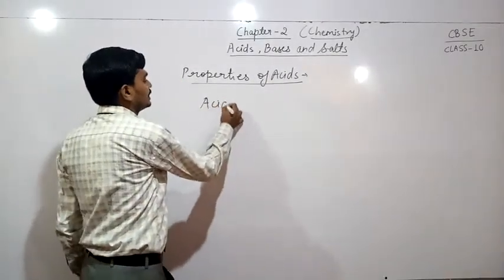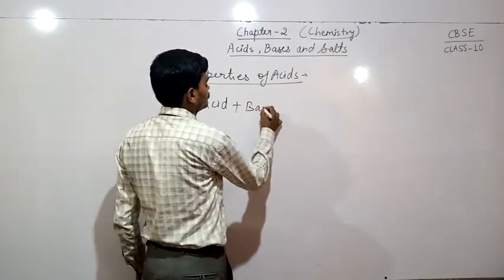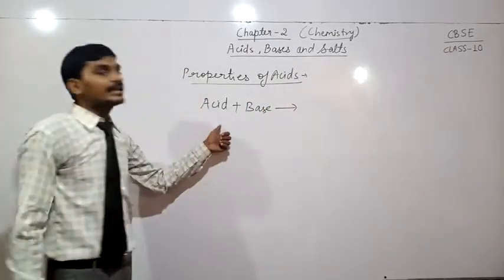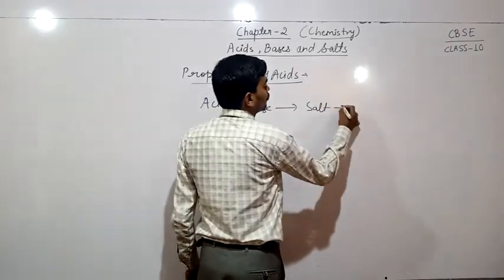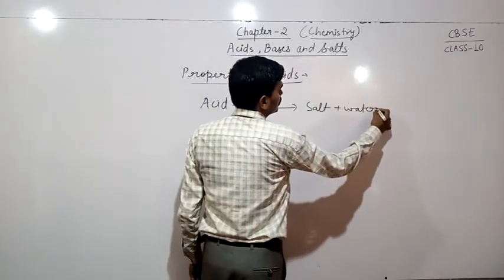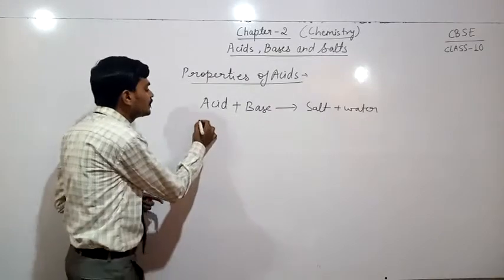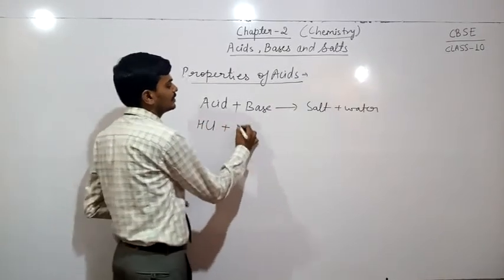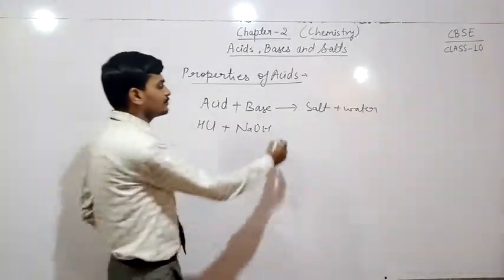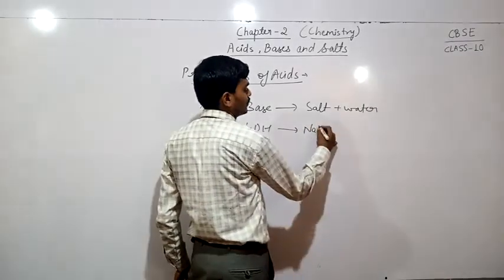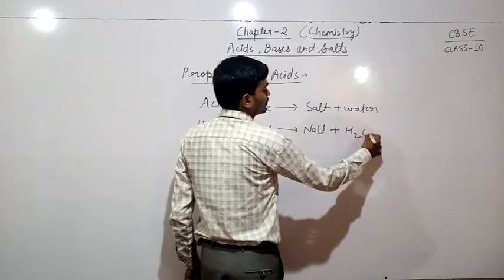Now come to the next property. Any acid reacts with base. If we react acid with the base, it forms salt and water. For example, if we react hydrochloric acid with NaOH, this is an acid, this is a base, then we get sodium chloride and water.